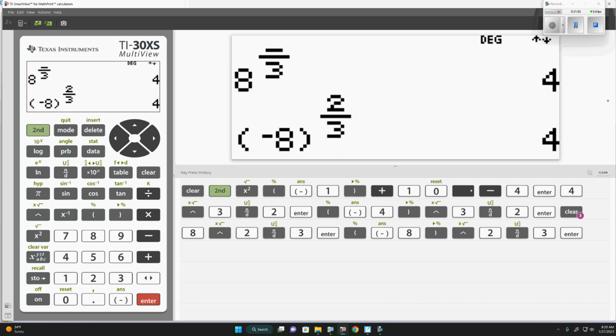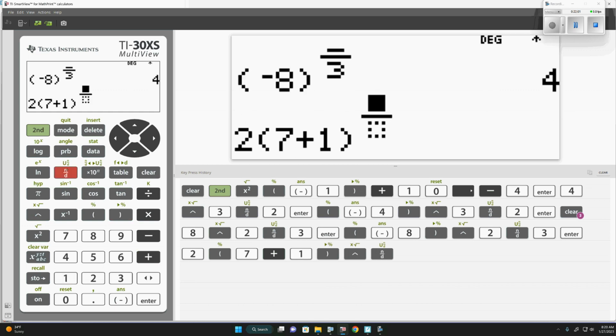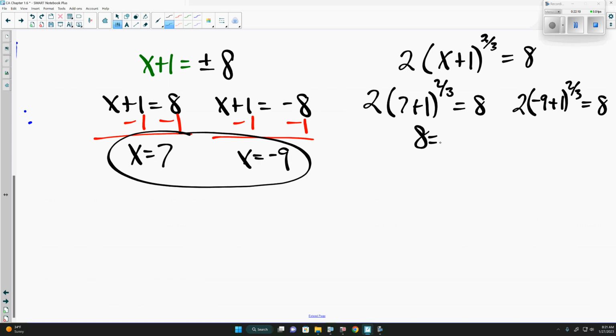In the calculator, we can say 2 parentheses 7 plus 1 to the 2/3, and we get a value of 8. So that tells us that here 8 is equal to 8, so it works.